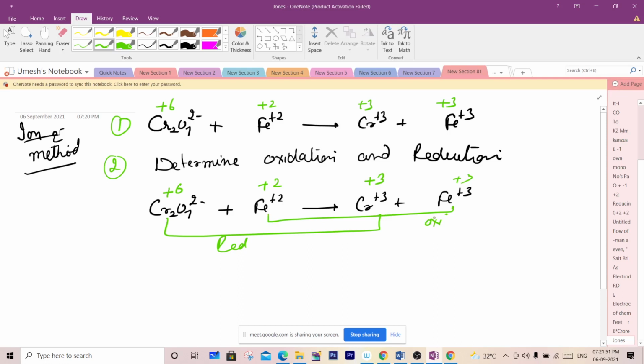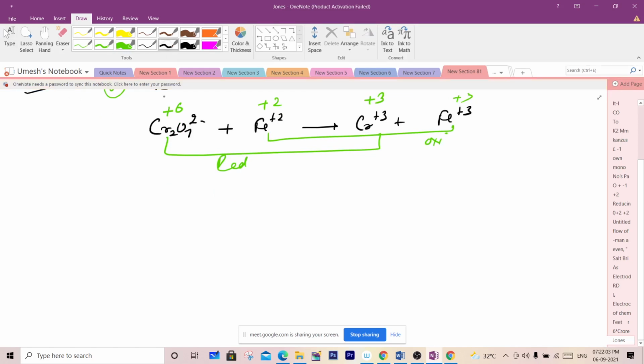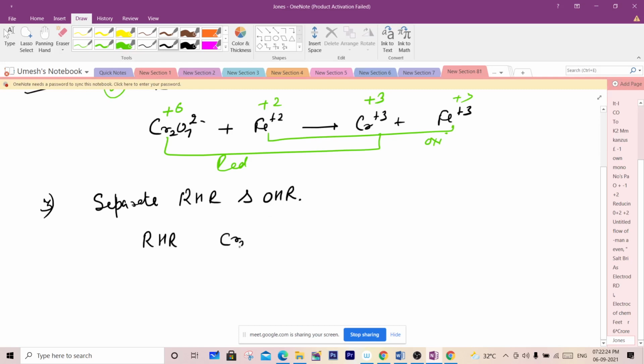Increase in oxidation number is called oxidation and decrease in oxidation number is called reduction. Now you separate the two, that is, the reduction half reaction and the oxidation half reaction. Reduction half reaction is dichromate ion to give chromium ions, and oxidation half reaction is iron ion to Fe3 plus ion.